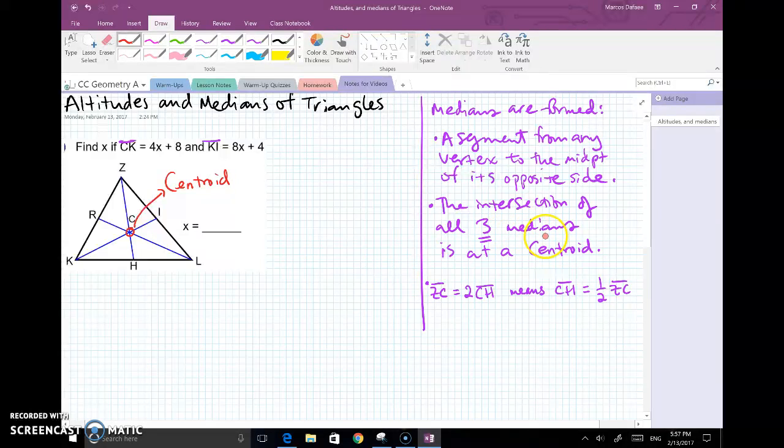So that's the second thing: the intersection of all three medians is at a centroid. The third thing is what happens when they pass through a centroid. Every median is then divided into two parts, but they're not necessarily equal parts. As an illustration, if you look here from vertex Z all the way down to point C, which is the centroid, that length is not the same as the one going from the same centroid to the rest of this median, to point H at the end of it.